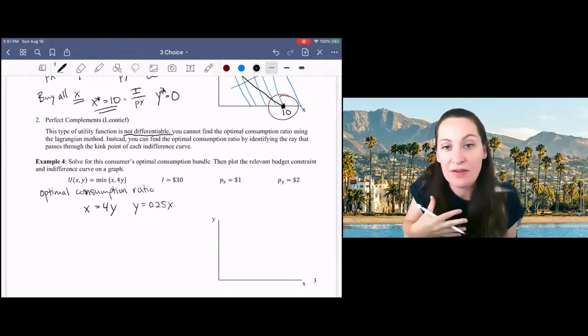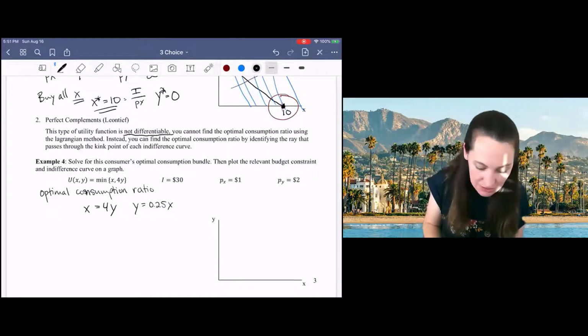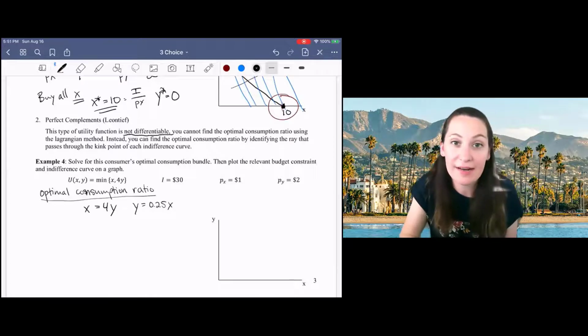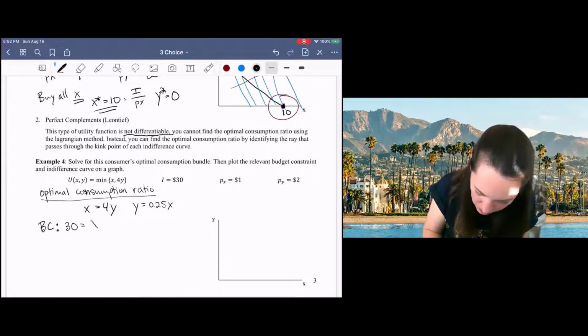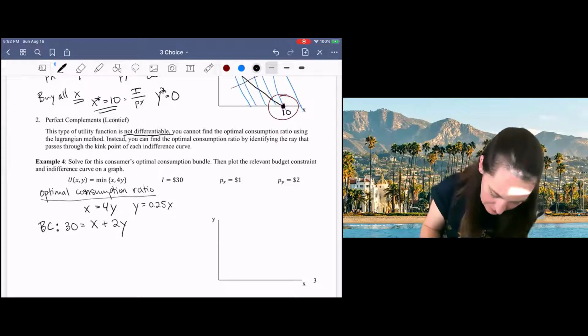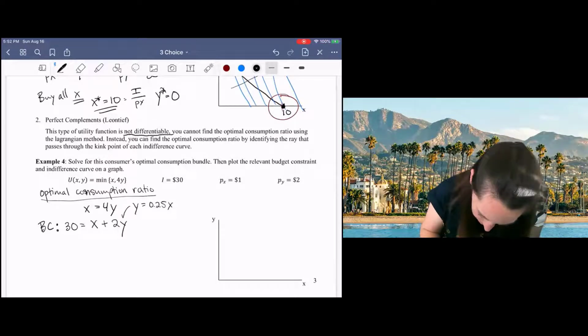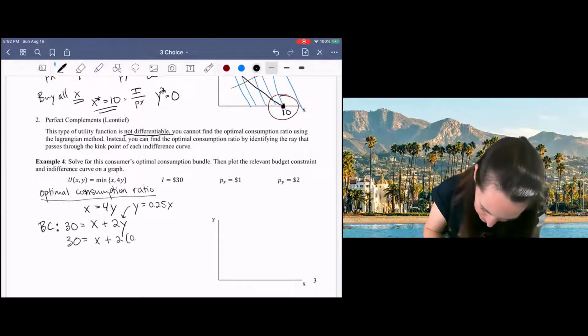Now, in order to figure out the actual amount of x and y that we purchase, all we need to do is to combine that with our budget constraint, right? So our budget constraint here is 30 equals x plus 2y. And so what we have is, we can plug this in for y, and I've got 30 equals x plus 2 times 0.25x.